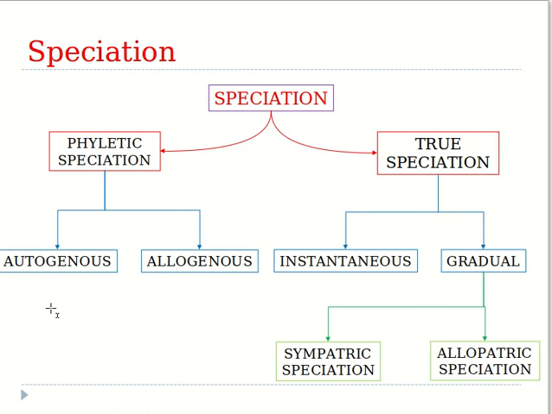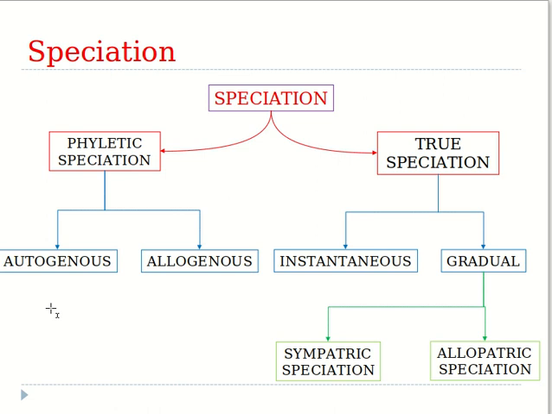Now with respect to true speciation, it is a process by which one species gives rise to two or more contemporary species by a process of multiplication in space. That is, species A may give rise to species B and C simultaneously. Thus two or more species may coexist with the parental species.